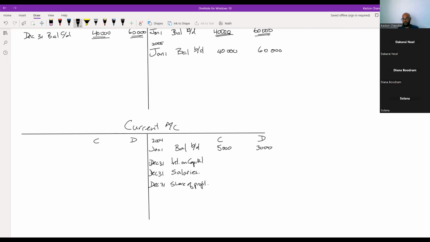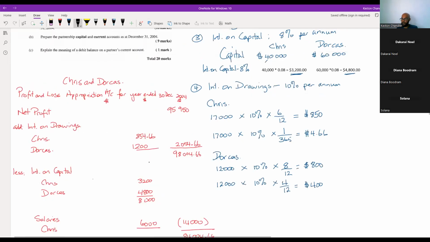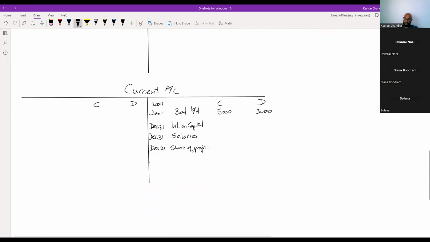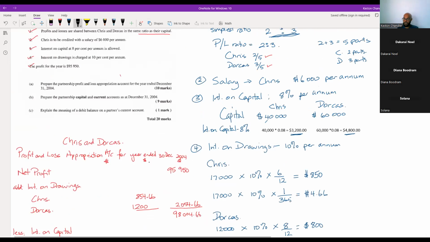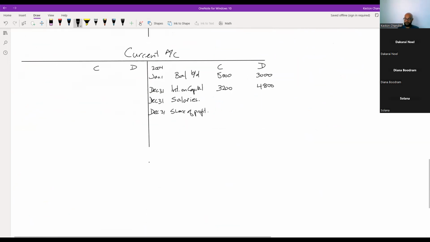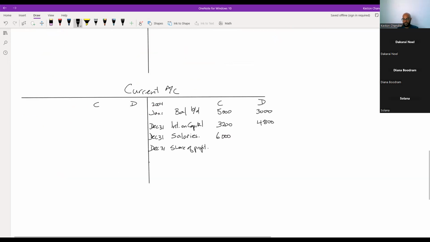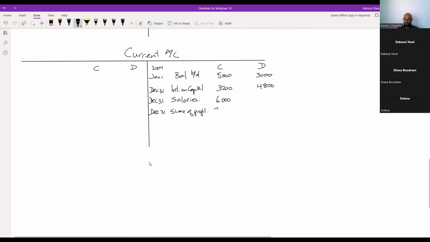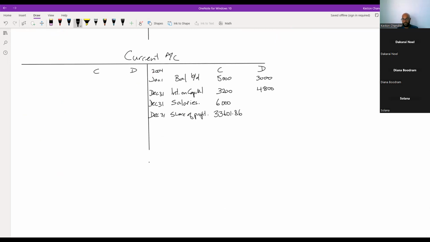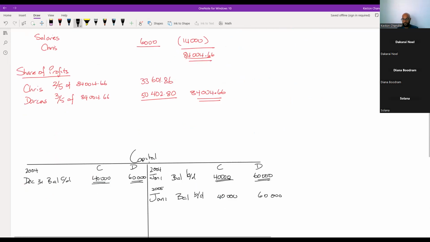So interest on capital was 3,200 and 4,800. Salaries was just one guy, which was Chris, and he was 6,000. And share of profits was 33,601.86 and the other guy was 54,280.